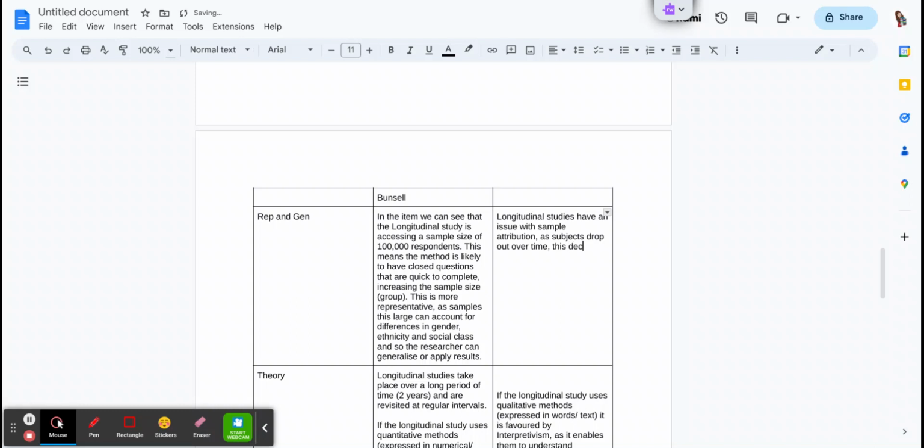This decreases the sample size and therefore decreases the representativeness and ability to generalize or apply results.